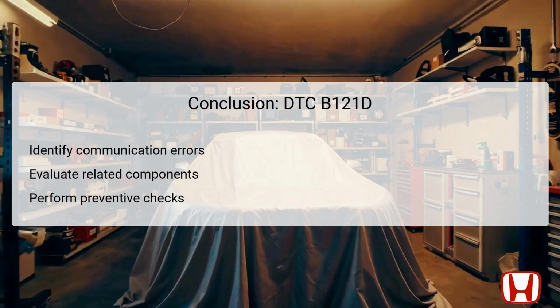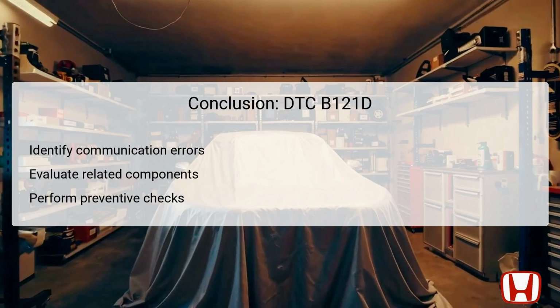systems. In conclusion, DTC B121D highlights the importance of the communication link between the humidity in-car temperature sensor and the climate control unit. Identifying communication errors early helps in providing timely repairs, ensuring comfort, and avoiding more complex issues later on.